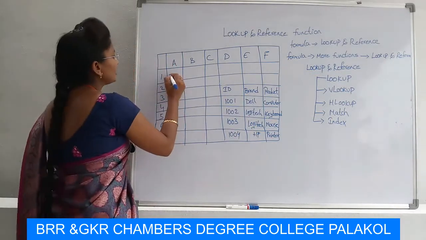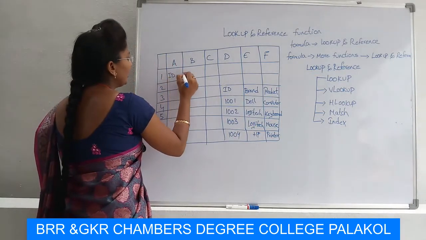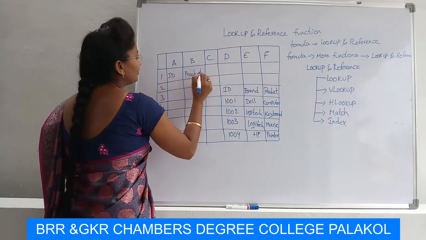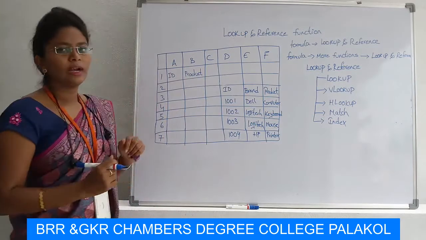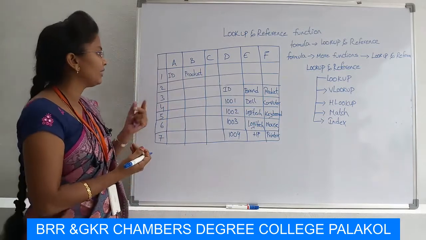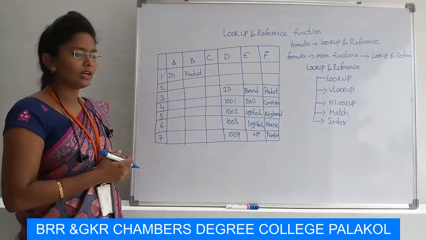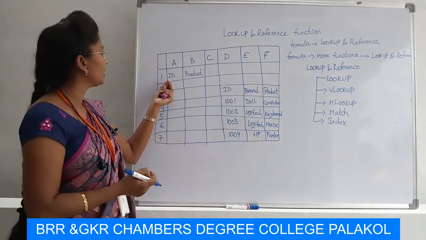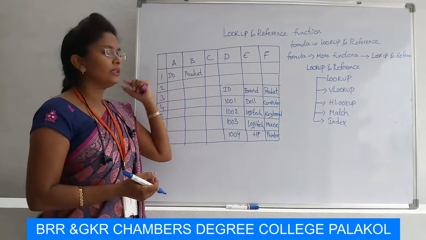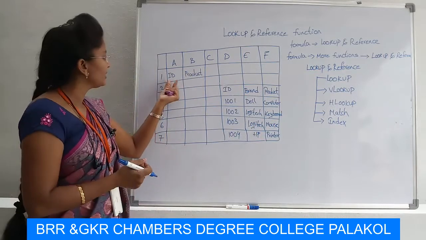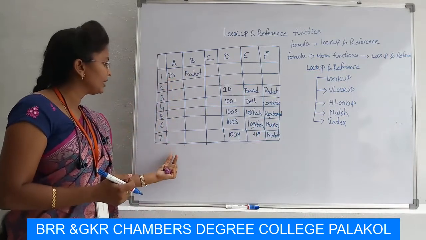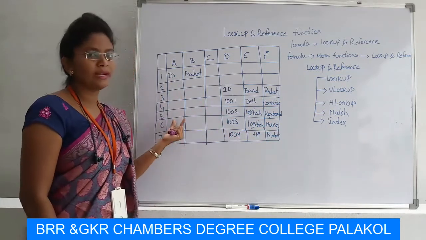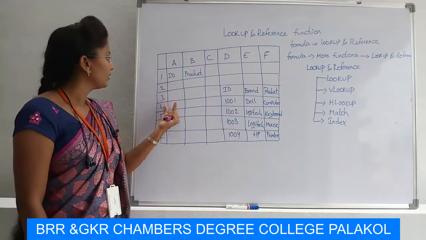Here in A1 cell I am entering ID and product. After completing the data in the Excel sheet, here also I entered ID number and the product name. For this ID number I have to fill some numbers. That means I have to enter some ID numbers in the A column.